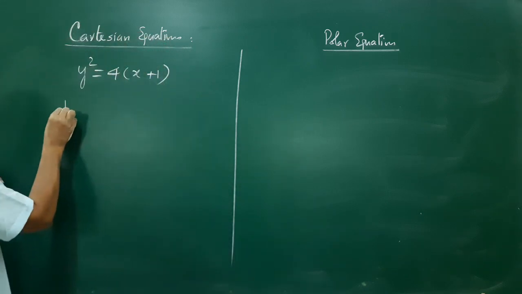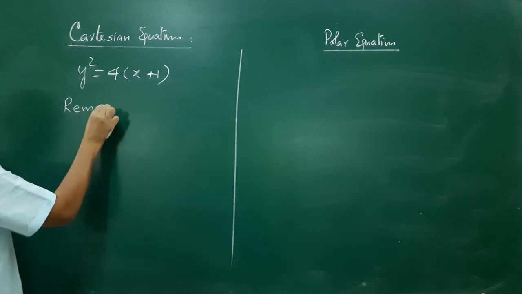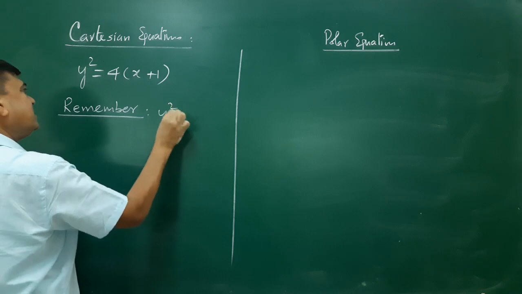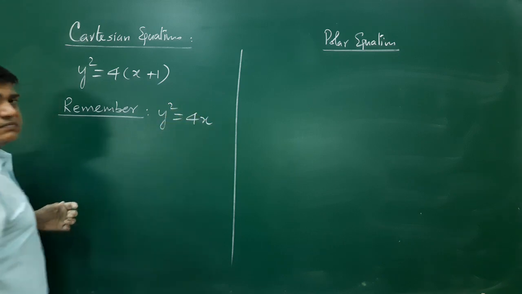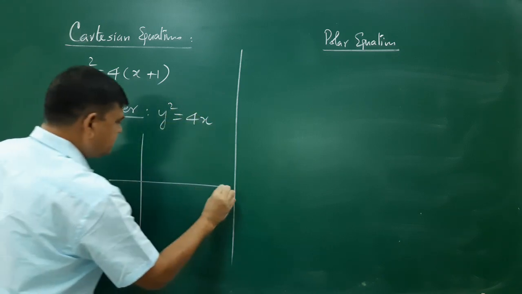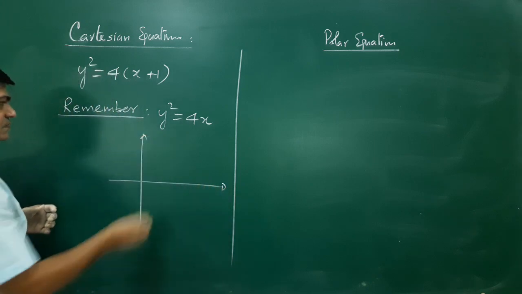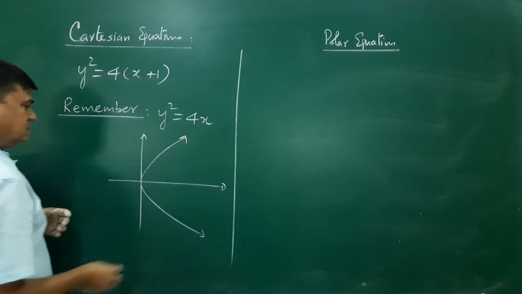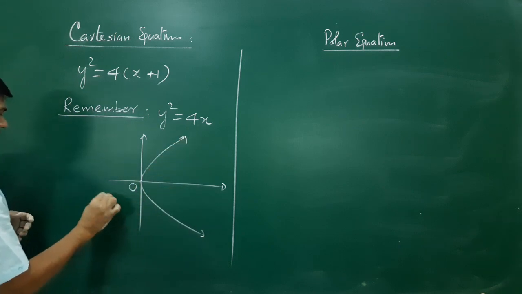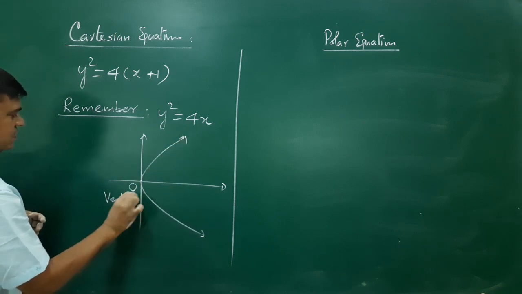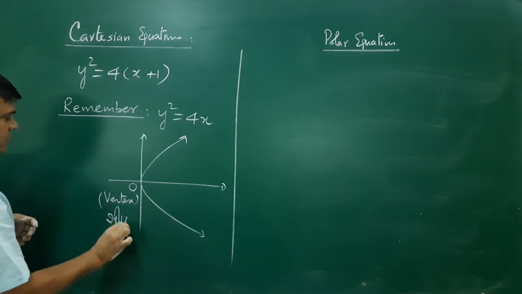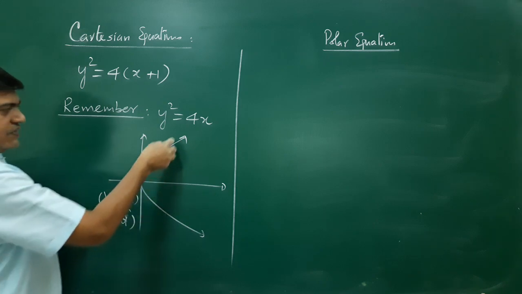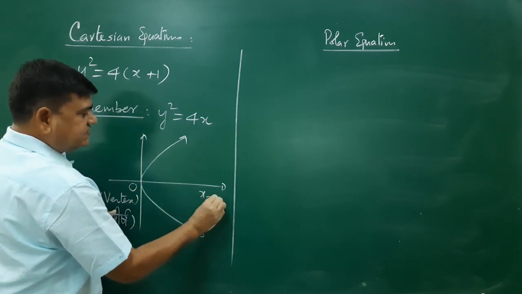Remember, y square equals 4x. Everybody knows the graph of this. This is the vertex. The graph is symmetrical about the x-axis.